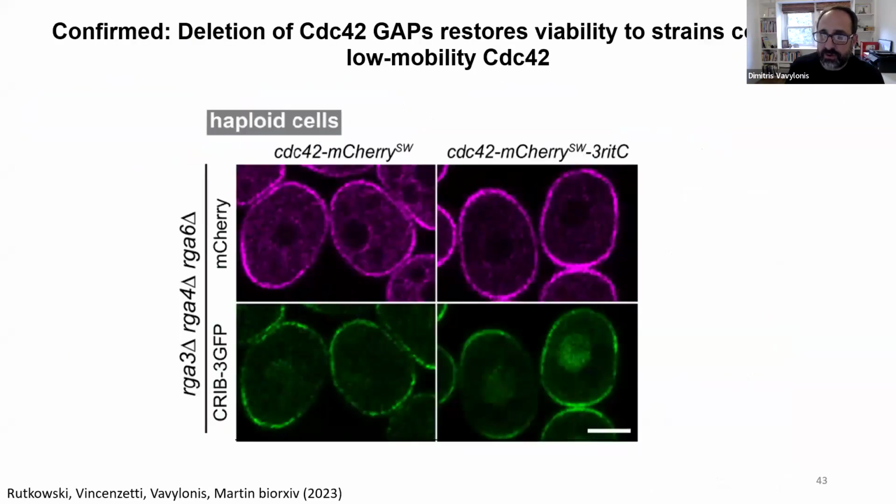And indeed, this is what is found in a background where the cells have no GAP, where they would normally be dead. The cells that have the 3-RITC, the very slow CDC42, become viable in a background where they have no GAP, but they're round.